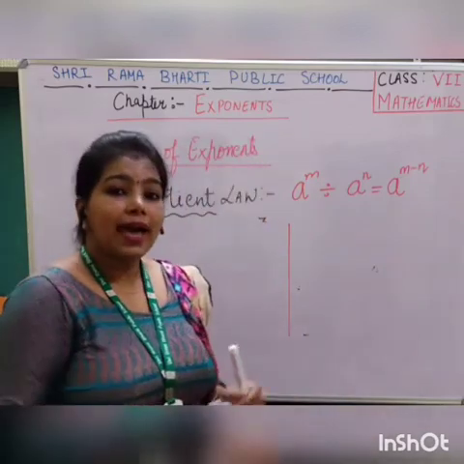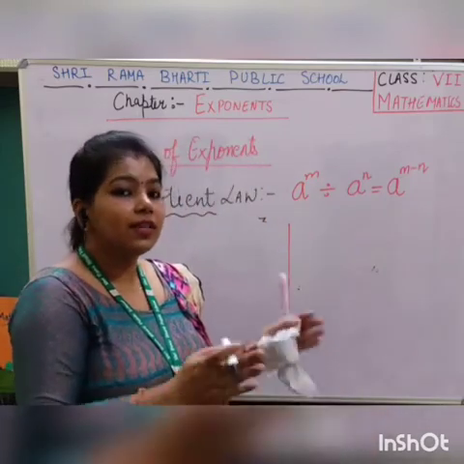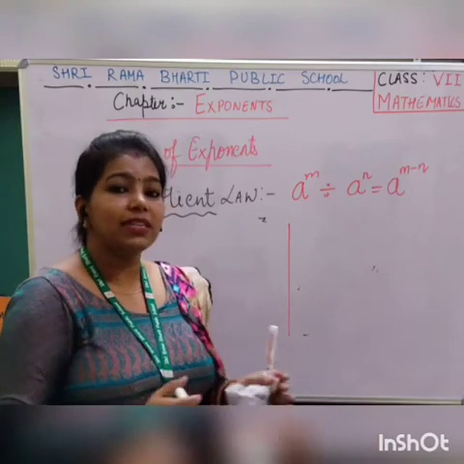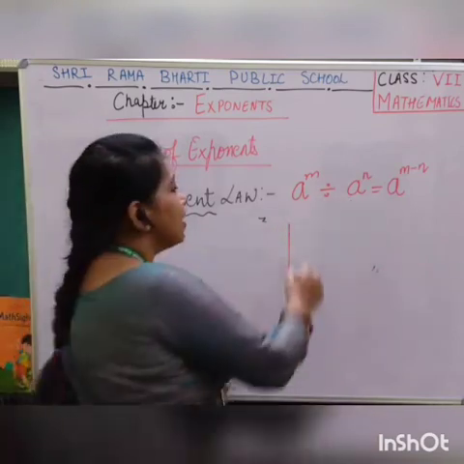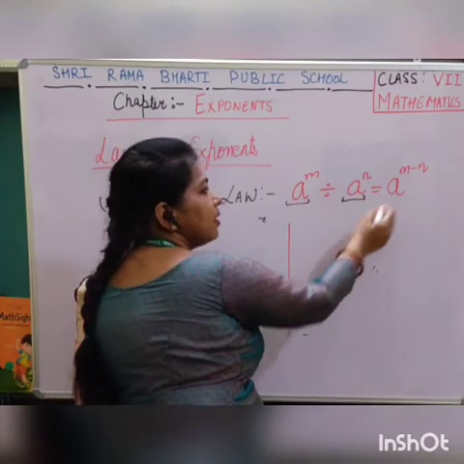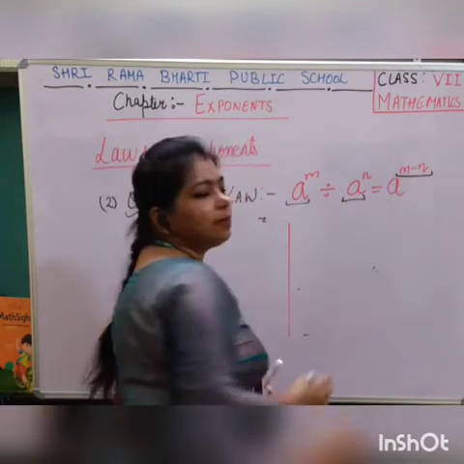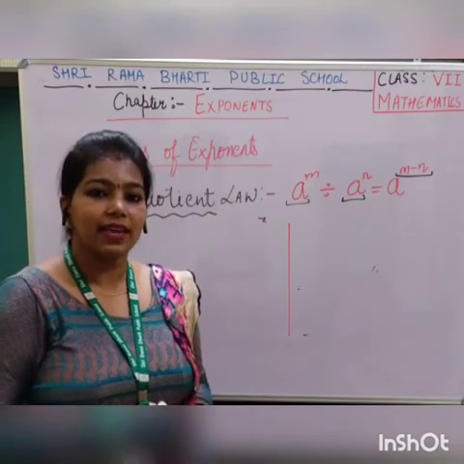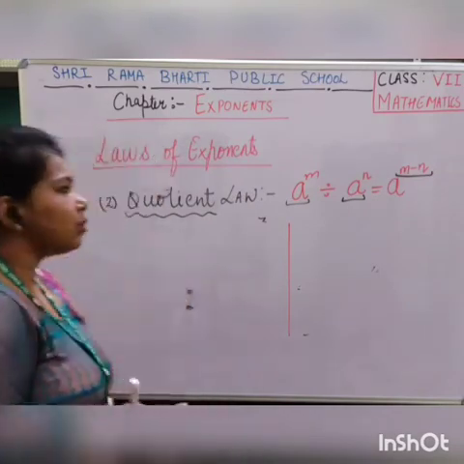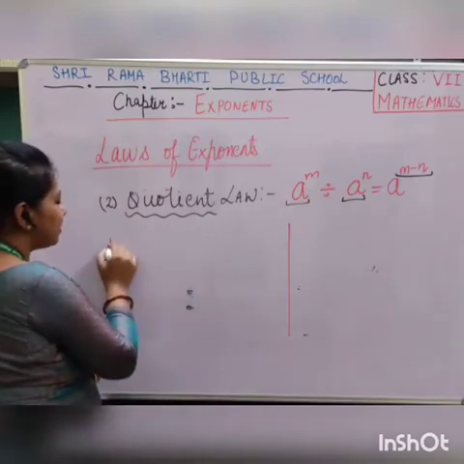So as in product law, they are multiplying, so their power will get added. Here, as they are dividing and the bases are same, we will subtract their powers. Right? I'll show you it with one example.